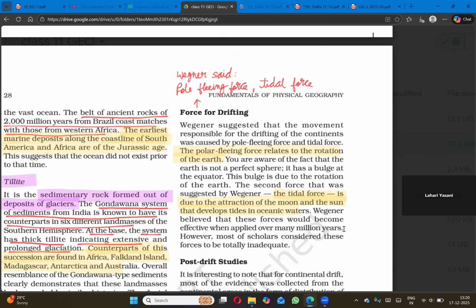But when these forces are applied for millions of years, they could become effective. And this is the explanation that Wegener has given for the forces for drifting. So one is pole fleeing force and the second one is tidal force that are responsible for drifting of the continents.